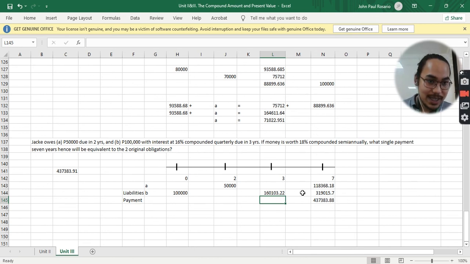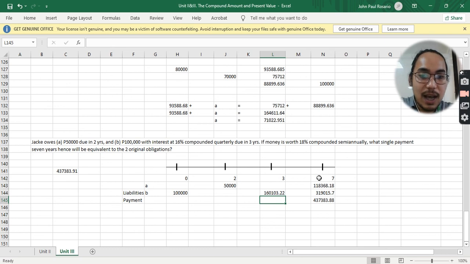How much is the total payment if the liabilities will be paid 7 years from now? So in the future sa tanan, because our liabilities will mature on years 2 and 3. So for liability A, the 50,000 easy kay similar sa itong mga cases above. So we have to go forward.